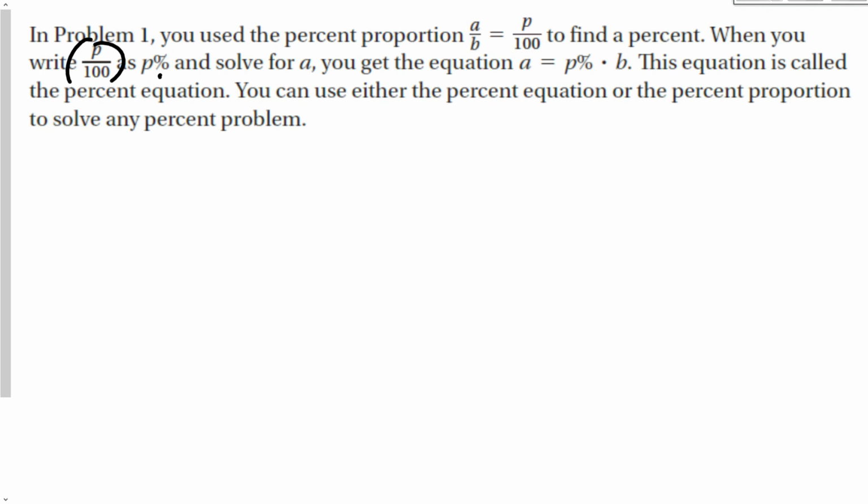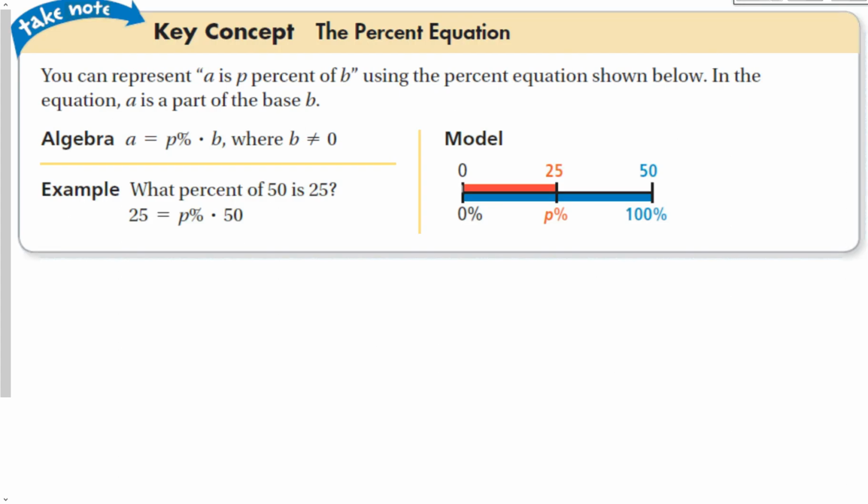And we can use either the percent equation or the percent proportion to solve any percent problem. So to use the percent equation, we can represent A is P percent of B using the percent equation shown below, where A is the part of the base B. So we have the part is equal to some percent times some number.